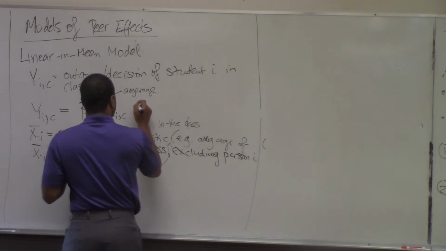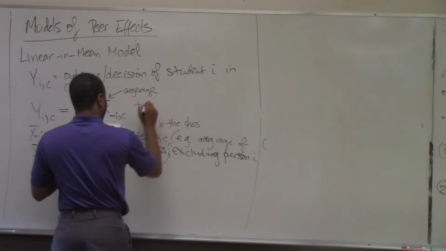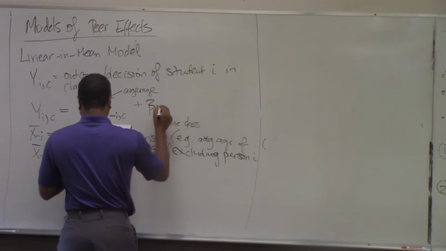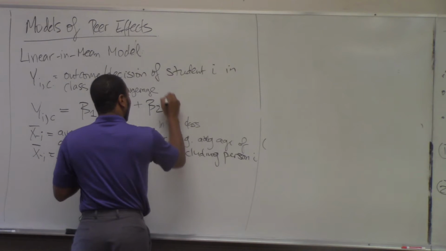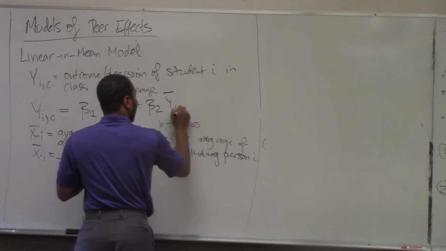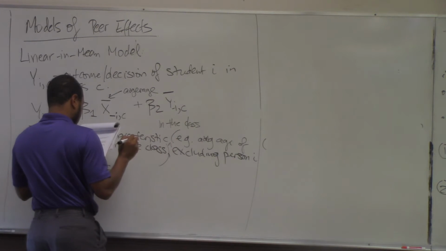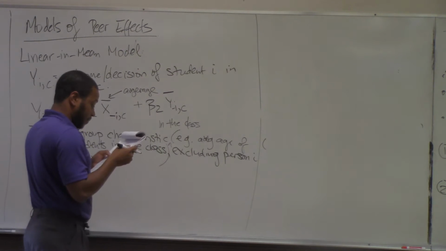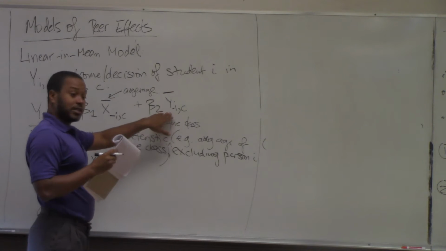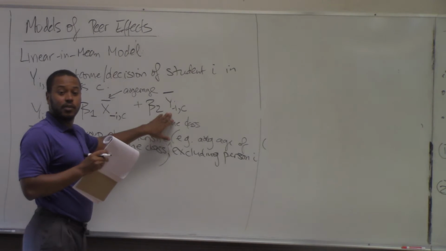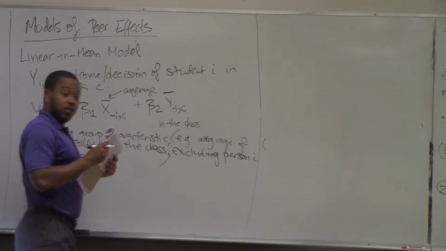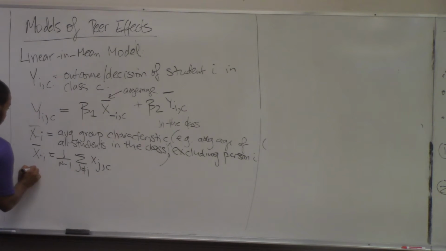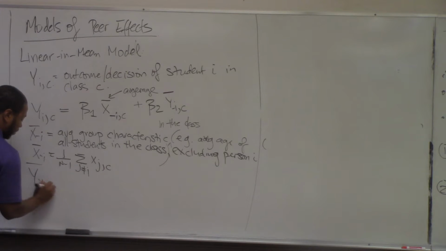Okay. Then the next thing that we're going to add is beta 2 times y bar minus i comma c, right? And what's this going to be? You can guess what this is. What's y bar minus i comma c?